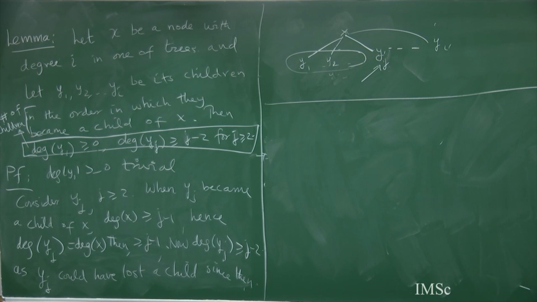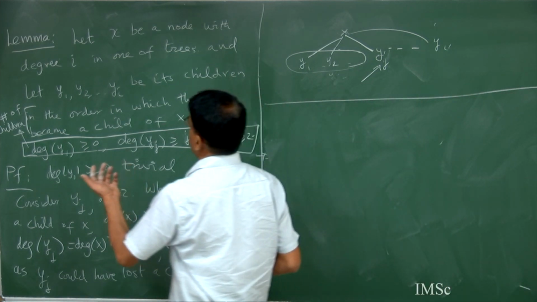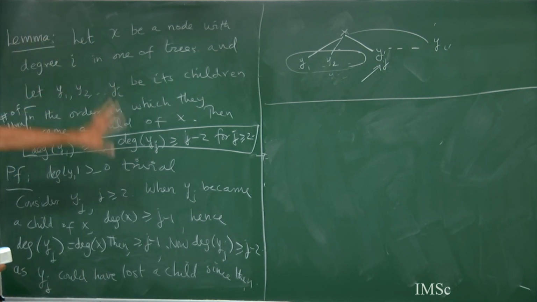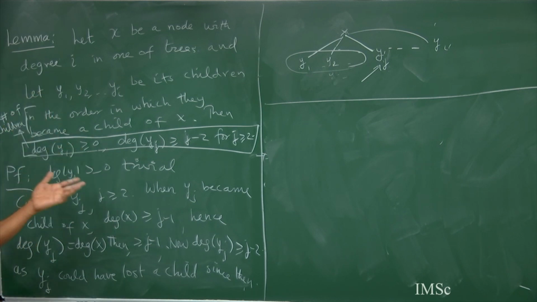In particular, we've shown that the number of nodes in an AVL tree with height h is exponential in h. So you can turn it around and say that if the AVL tree had n nodes, then the height would be logarithmic in n. We're going to do something similar here. If your degree is i, because of this property, the number of nodes will be exponential in i. So if the total number of nodes is n, then the degree will be logarithmic in n.